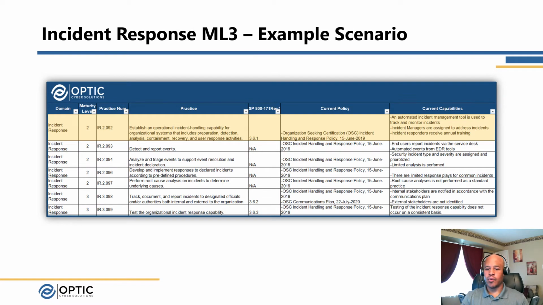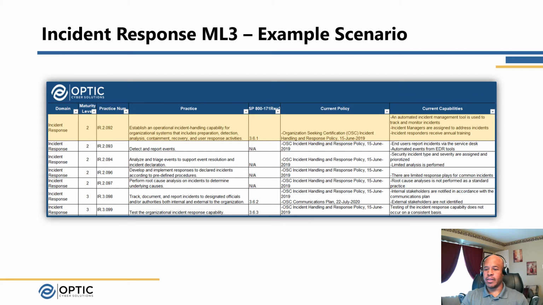Here we want to walk through an example scenario for incident response and maturity level 3. You see the highlights here. We have a level 2 practice, IR 2092, and this practice is around establishing that operational incident handling capability. On the current policy, it looks like this organization seeking certification does have an incident response policy, dated June 15, 2019.